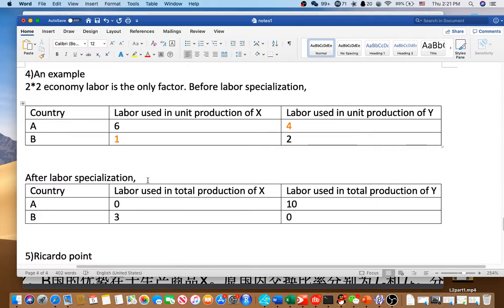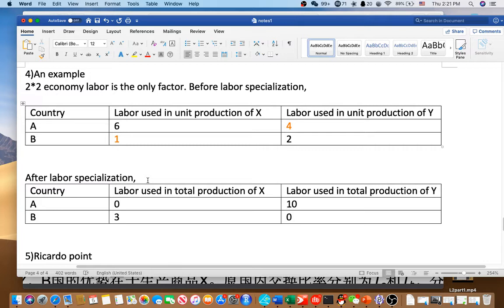It consumes 1, but exchanges 1.5 units of Y for 1.5 units of X from country B. And B produces totally 3 units of X. It consumes 1 unit and exchanges 2 X with country A for 2 Y as consumption.